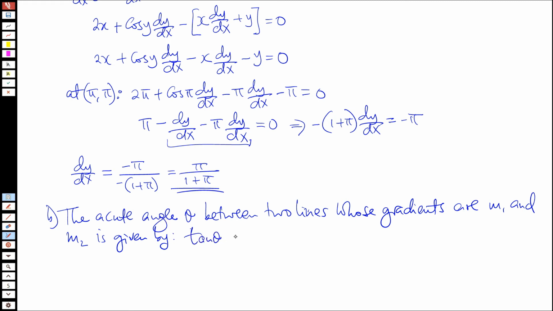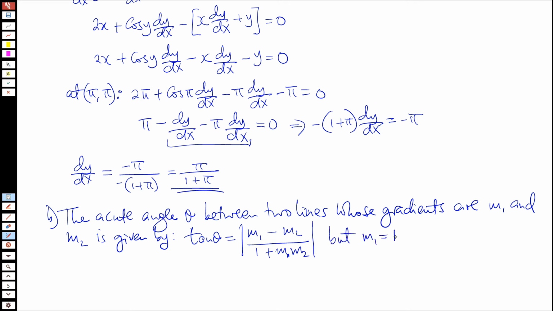tan θ will be equal to the absolute value, because we want the acute angle. So the absolute value of m1 minus m2 over 1 plus m1 multiplied by m2. Now, in our case here, m1 will be the gradient of the line y equals x.